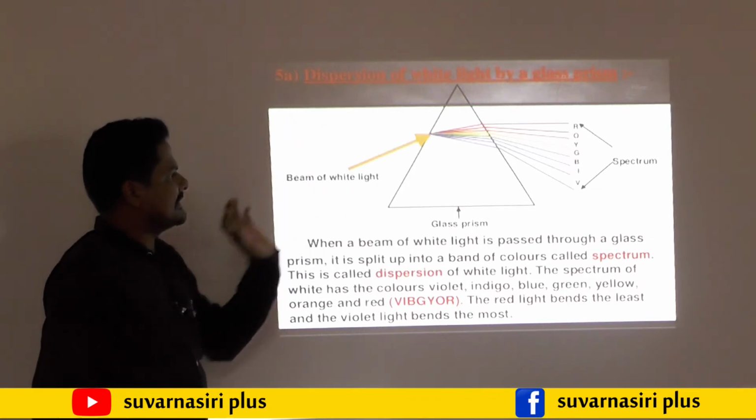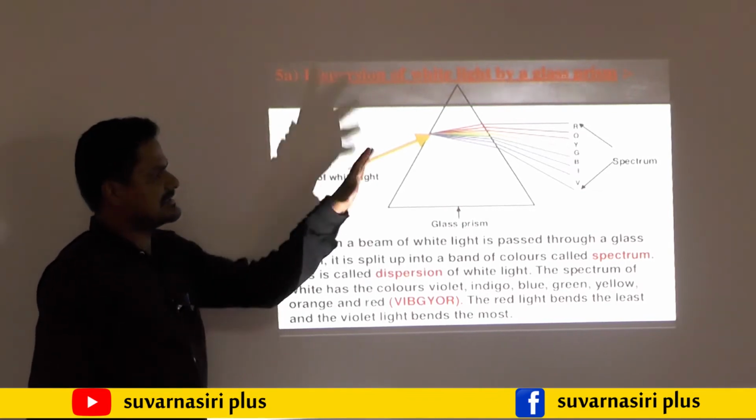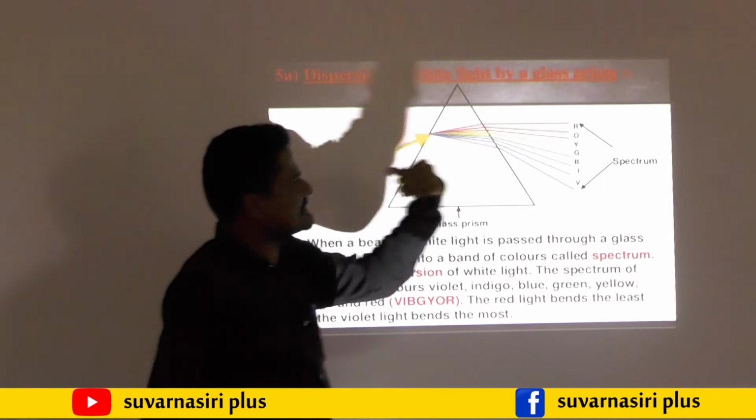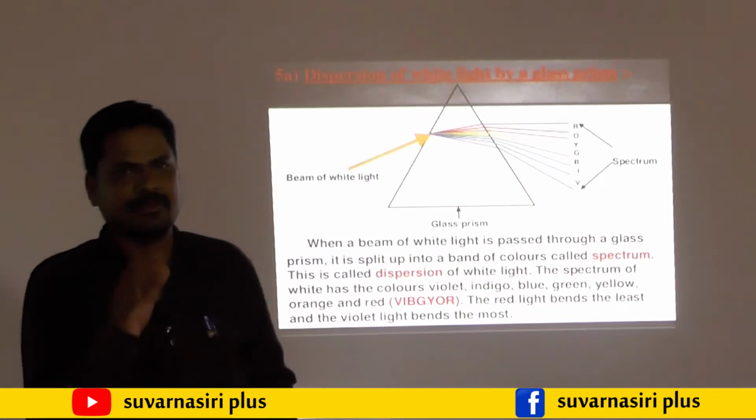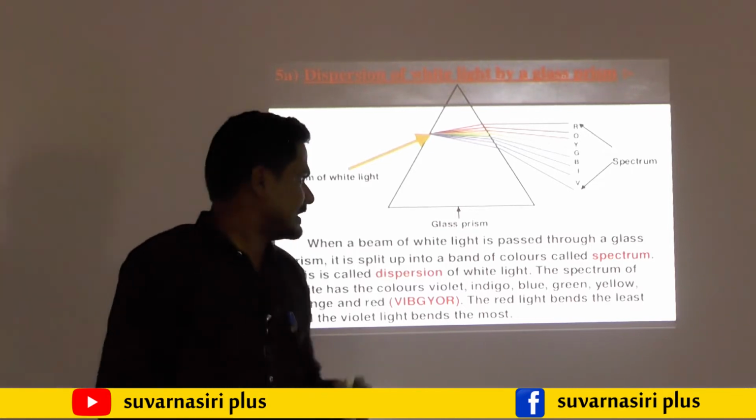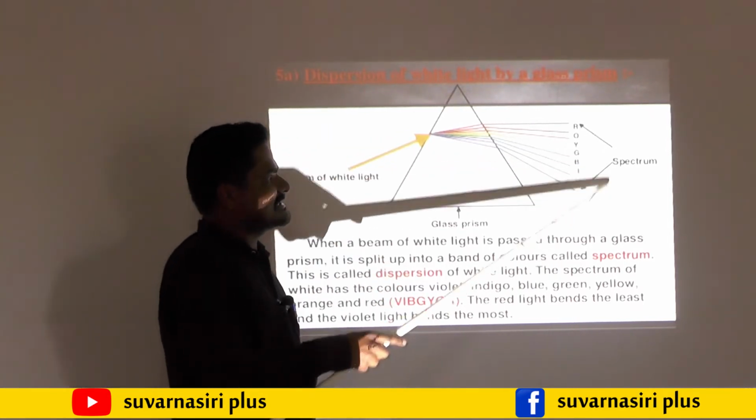When a beam of white light passes through the prism, it produces the 7 colors, remembered by the acronym VIBGYOR.